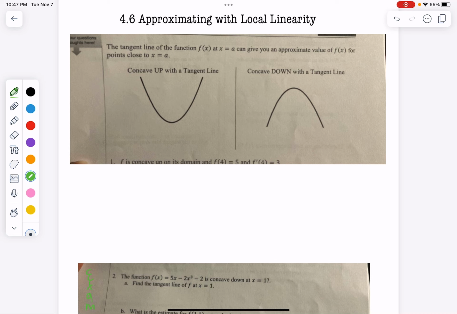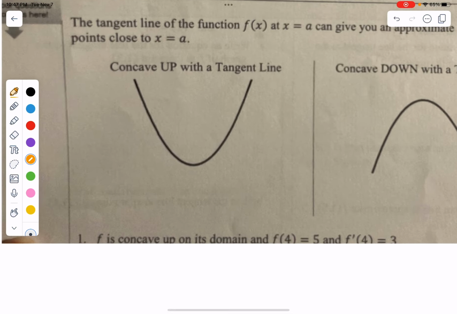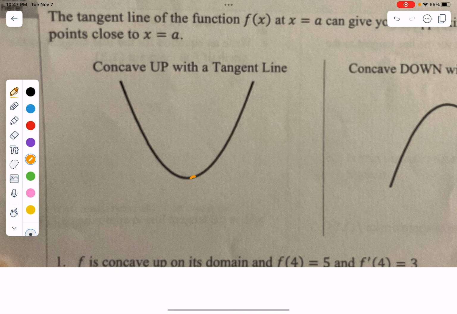The important thing with approximating local linearity is to understand that the tangent line of the function f of x at x equals a given point can give you an approximate value of f of x for points close to x equals a. So I'm going to draw this out for you guys. Let's say this is your A point, and you have a point right here.